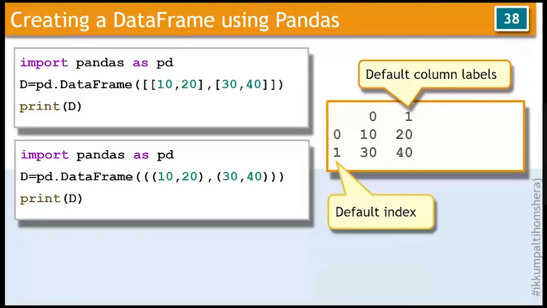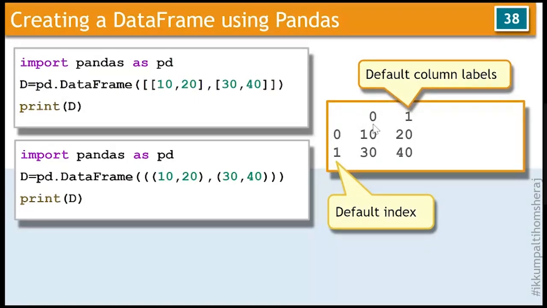Let's see some examples which are similar in nature, as you have already seen in the case of NumPy arrays as well as series. Here we have a 2D array, so obviously we'll have a nested list, converting it into a data frame. If we have a nested list, this will be considered the first row, this will be considered the second row, and the default indexes are going to be 0 and 1, and the default column labels are going to be 0 and 1.